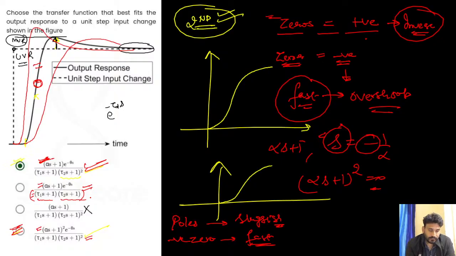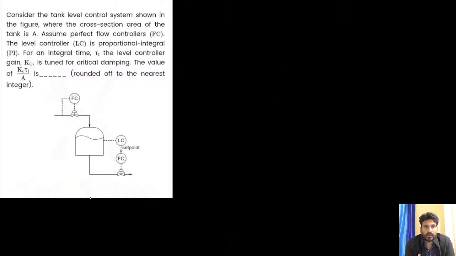चलिए, ओके, एक ये प्रॉब्लम आई मेरे पास में, काफी लोगों ने मुझे प्रॉब्लम भेजी, so just please read this problem and I will explain it. First of all, read this problem. Consider the tank level control system, whatever the control system you see here, this is the level control, means this is any tank and we have to maintain the level of this tank.